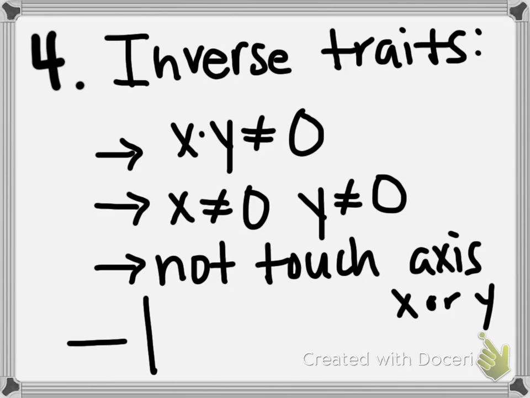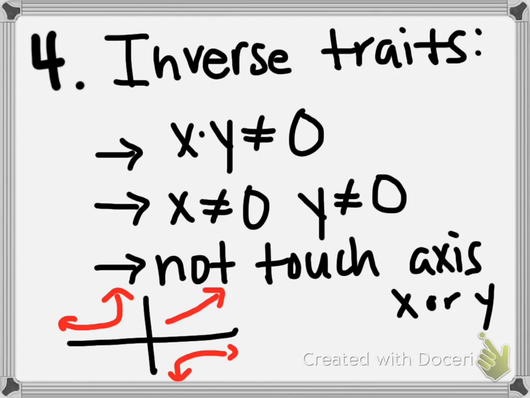Your graph will look something like this, with the lines going away from 0, not touching any of the zeros. It can look like any of these. It will not touch the x or the y axis. This is a no-no, to touch the y or the x.